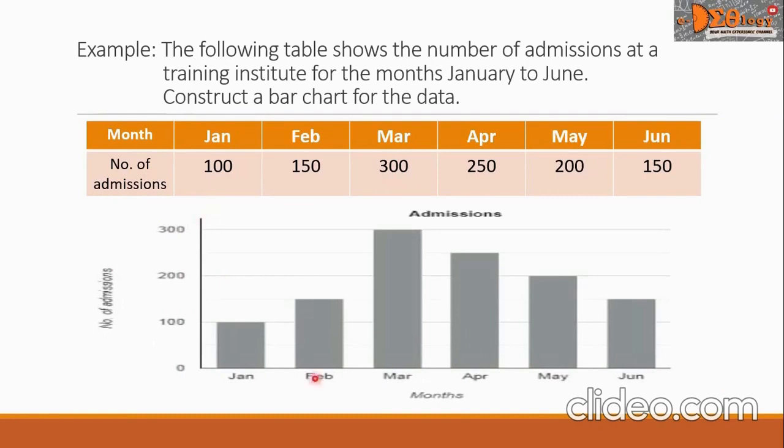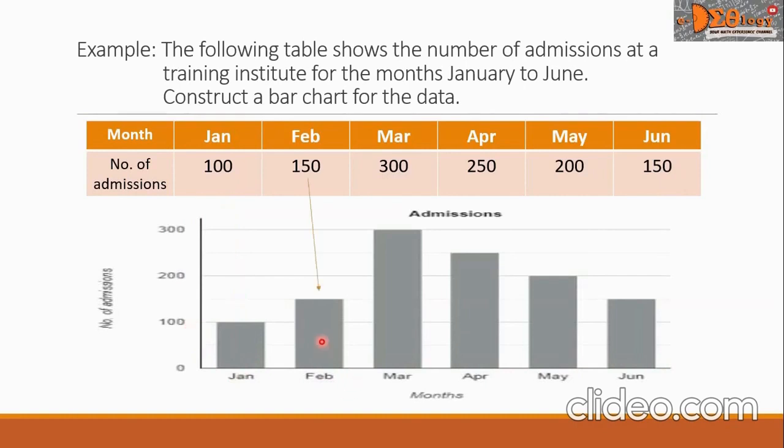Please observe that our rectangles here are of equal width, and they represent each month with the corresponding number of admissions. The first rectangle here represents the month of January, and the height of the rectangle corresponds to the number 100 with respect to the frequency.